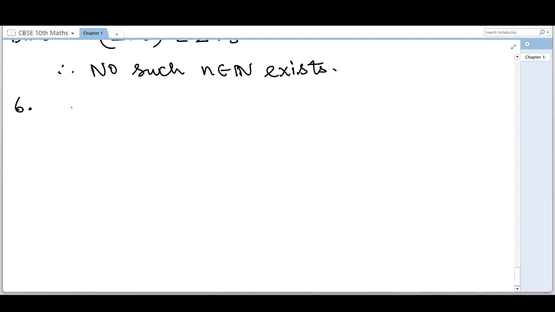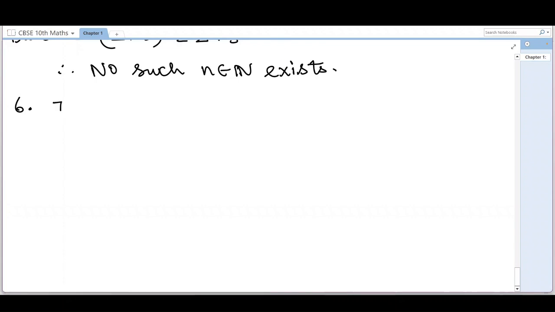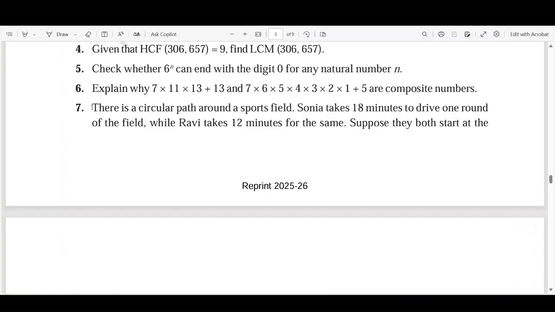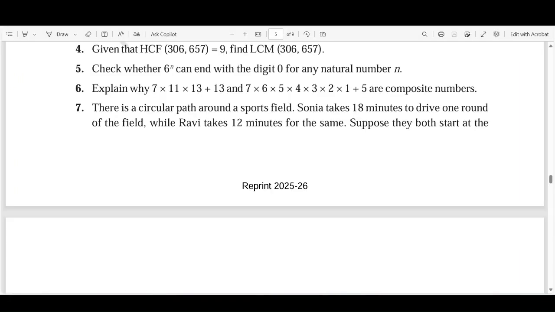We have to prove that these two numbers are composite numbers and we have to give the explanation. So first let me write the first number, 7 into 11 into 13 plus 13. We can easily evaluate the number, but we have to give the reason why these numbers are composite numbers.